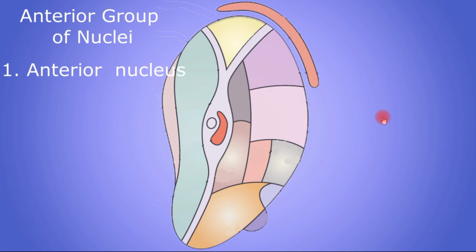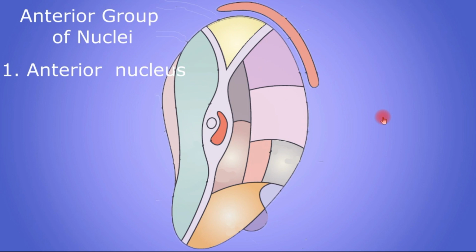To begin with the anatomical classification of the thalamus, there are three groups of nuclei, based on the three parts divided by the internal medullary lamina. According to that, the thalamus is divided into the anterior group of nuclei, the lateral group of nuclei, and the medial group of nuclei.